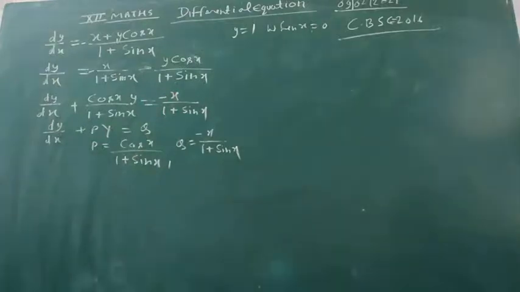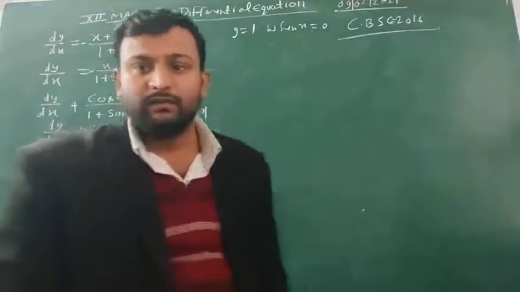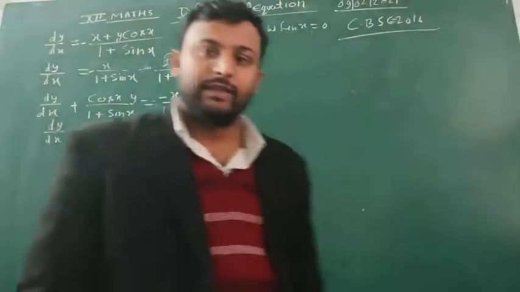So our q is x by 1 plus sin x and p is this. For solving this linear differential equation, you know it well, we first find the integrating factor.